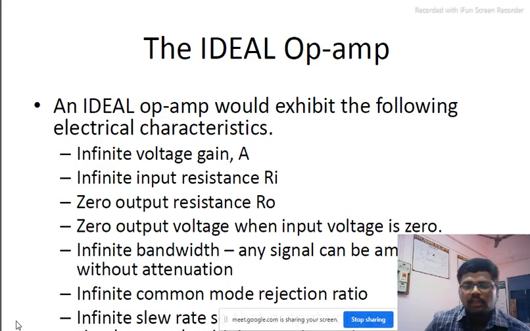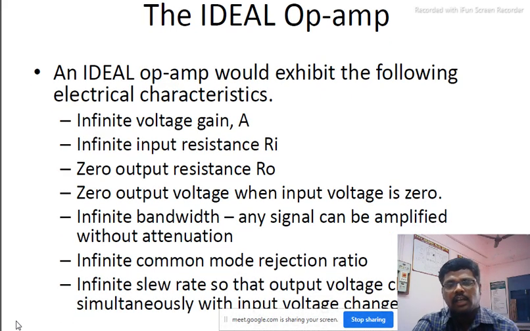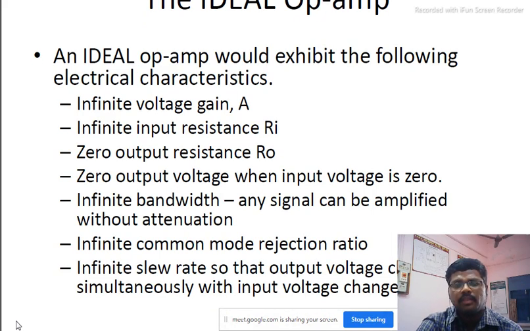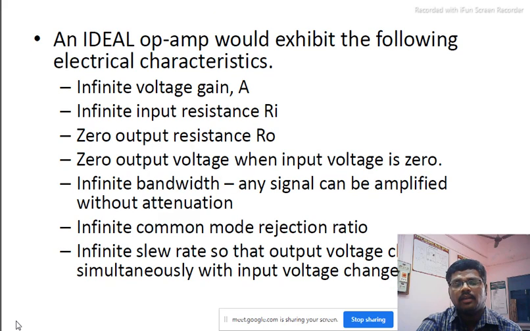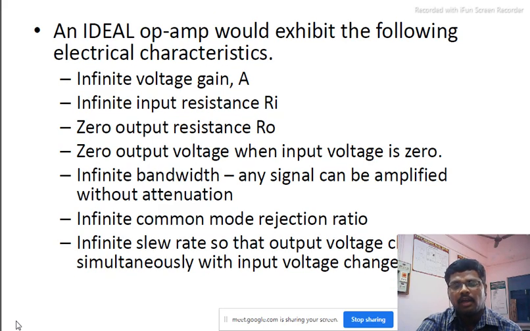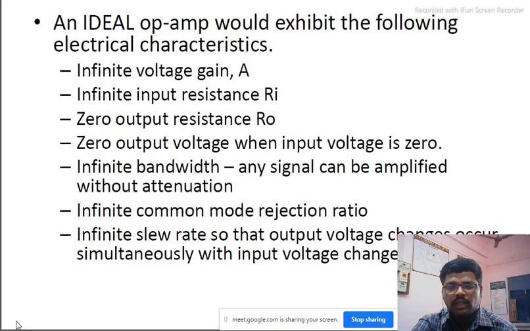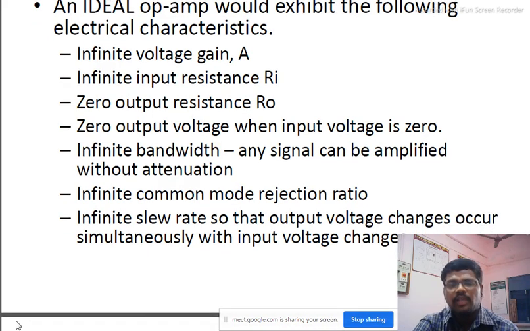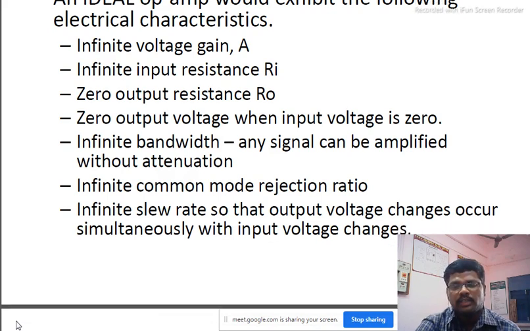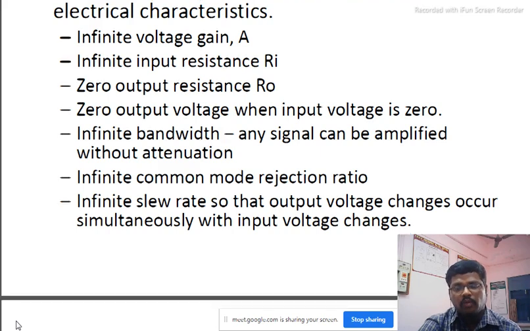Next, the bandwidth. Any signal can be amplified without attenuation. Therefore, the bandwidth is infinite. Next, the CMRR, the common mode rejection ratio, is infinite. Next, the slew rate is infinite, so that the output voltage changes occur simultaneously with input voltage changes.